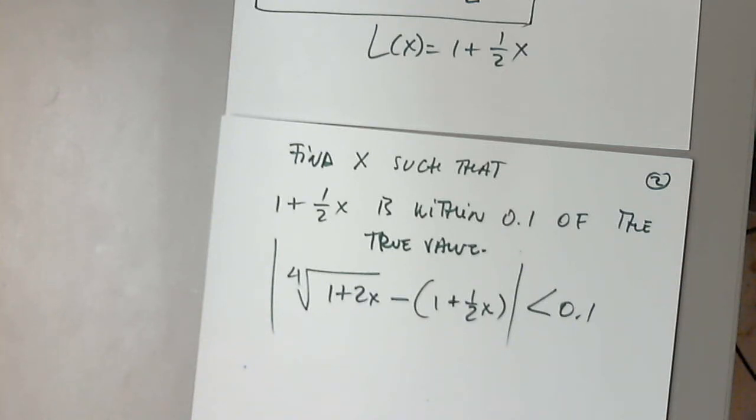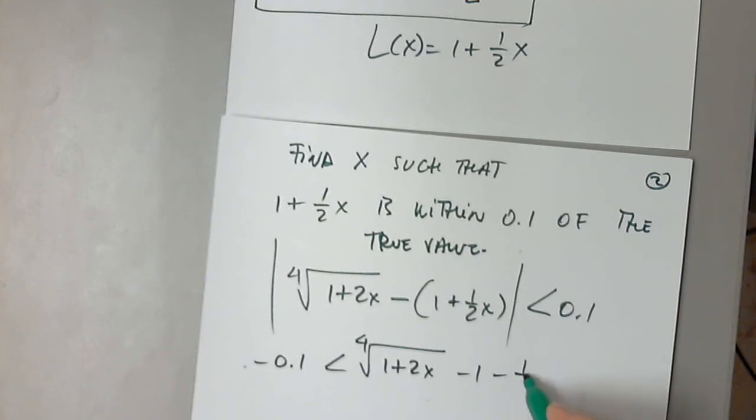So the true minus the approximation in absolute value, because I can be on this side of 0 or I can be on this side of 0, so the absolute value is a distance, is less than 0.1. So now this inequality changes into negative 0.1 less than the fourth root of 1 plus 2x minus 1 minus 1/2 x less than 0.1.